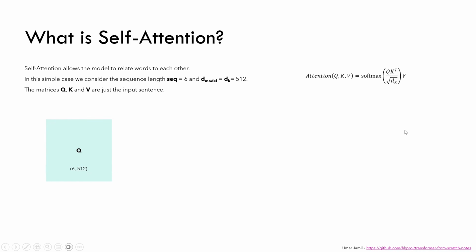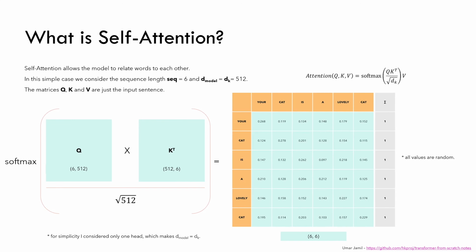Then we multiply according to this formula: Q multiplied by the transpose of K, divided by the square root of 512, which is the dimension of the embedding vector, where K is equal to Q and V is also equal to Q, because this is a self-attention. So the three matrices are actually the same sequence. Then we apply the softmax and we obtain this matrix.